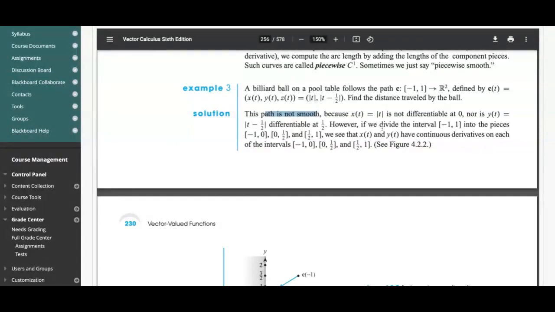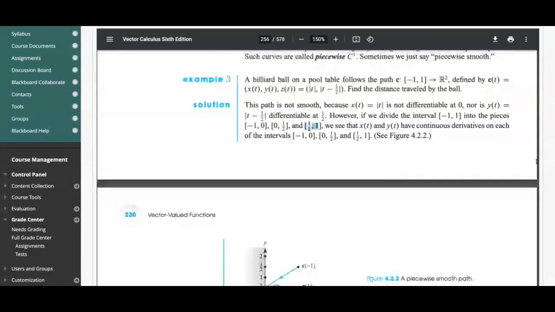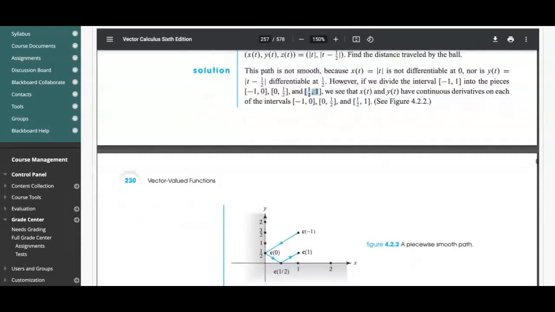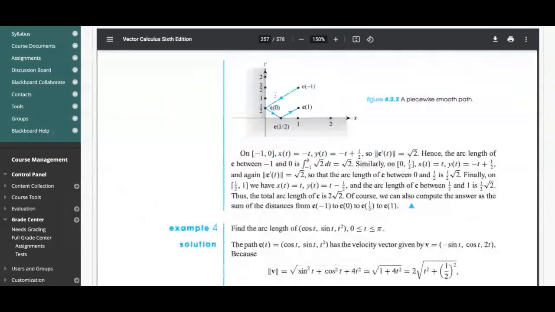So if we divide the interval -1 to 1 into -1 to 0, 0 to half, and half to 1, then we can differentiate. So we ignore the vertex, we ignore the cusps. Yeah, the picture is like this.